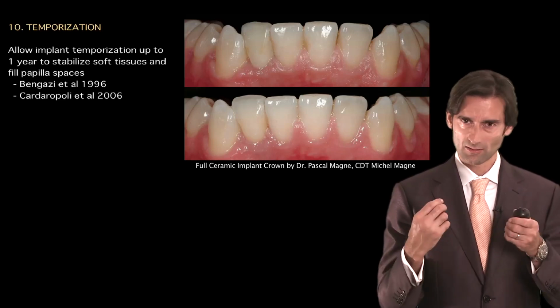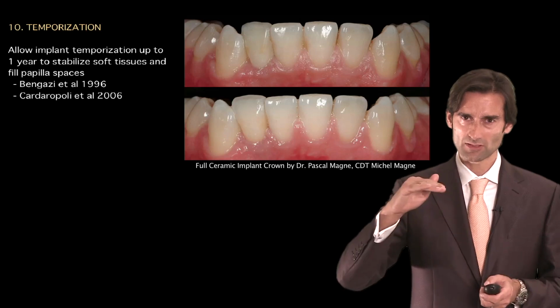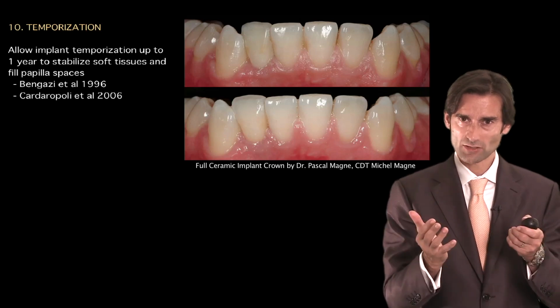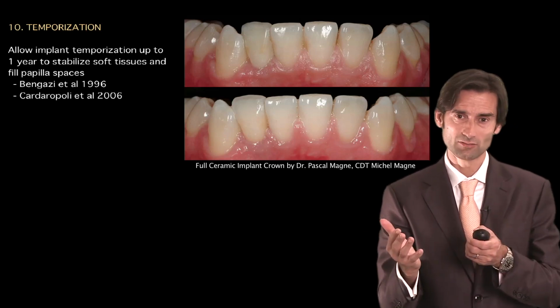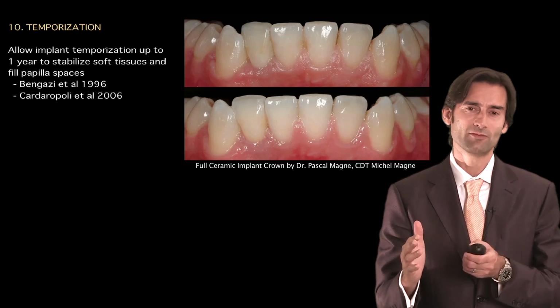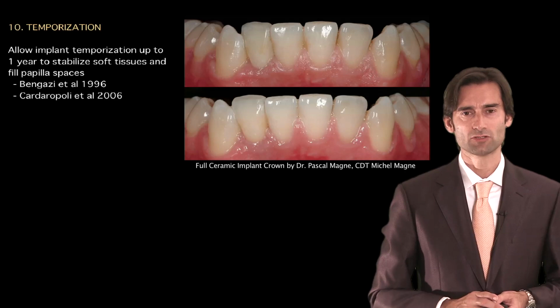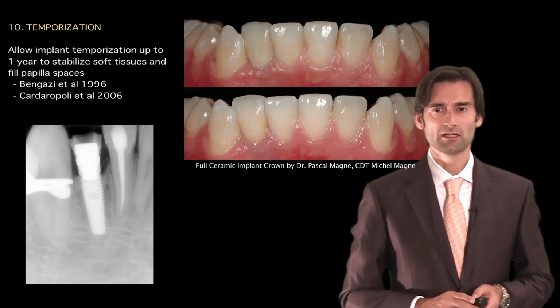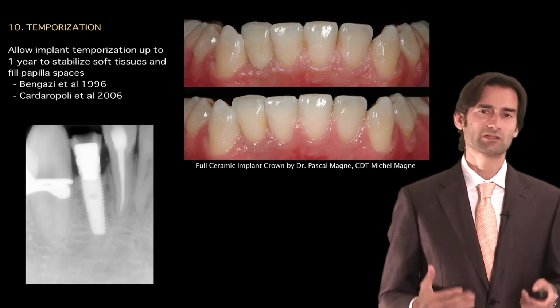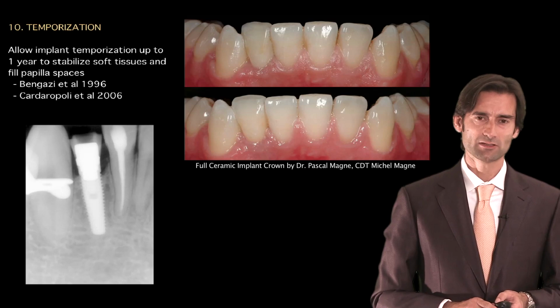So again, proper protocol, implant position, proper augmentation with bone and if needed soft tissue, and then proper temporary and final can really give us this spacing and this beautiful development of soft tissue. So these here then can allow us success and predictability with patients.